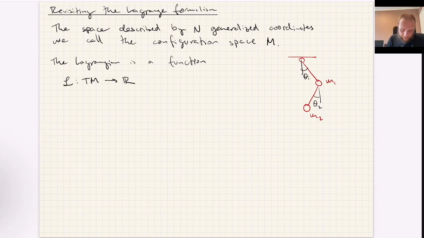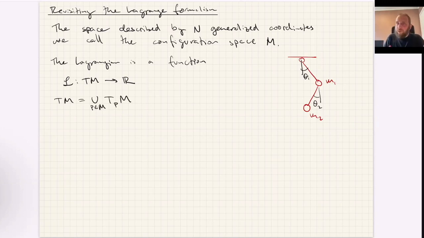So TM is the union over all points in M of the tangent spaces. Essentially, an element of TM is a vector somewhere on this configuration space.